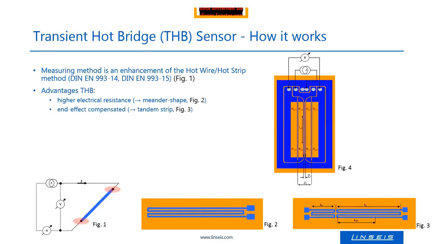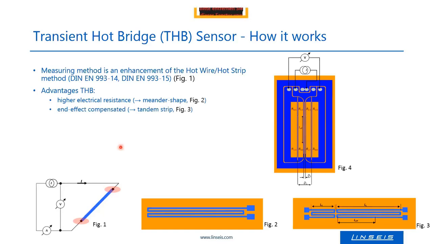And then the next step is not to use only one wire, but 4 wires in one sensor. We have 2 wires on the outer parts of the sensor and 2 in the middle. Why are we doing that?